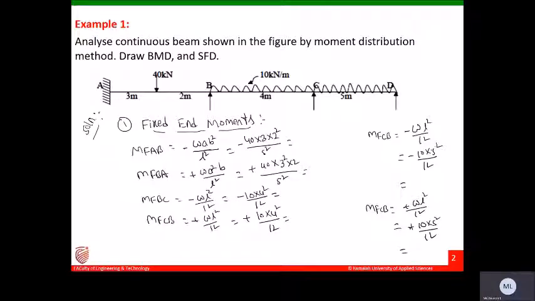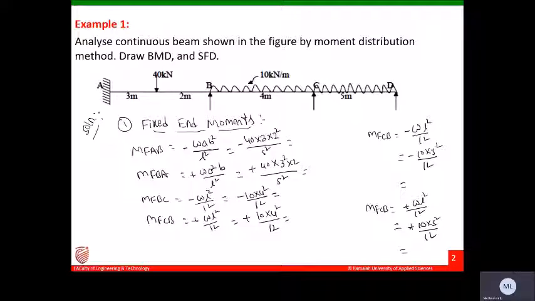So now we need to write down what will be the value of those things. Now we need to calculate and write down what will be the value of MF of BA. How much will you get?